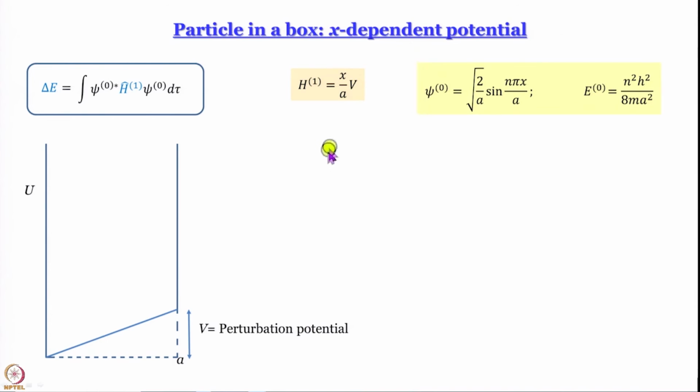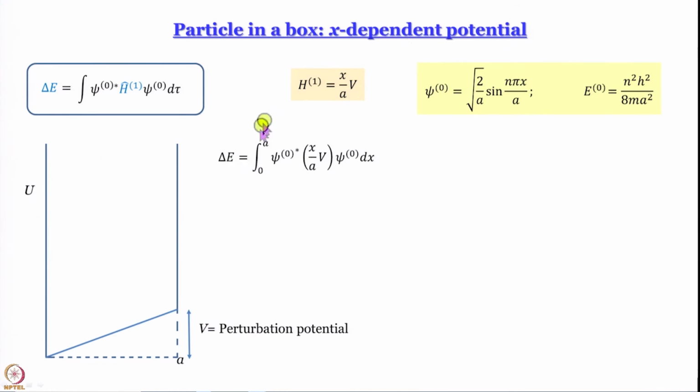H first order for any value of x is going to be x divided by a multiplied by V, where V is the value at a. It is quite simple, not difficult at all. So, we take this expression for the first order correction to the Hamiltonian and plug it into the expression for delta E, and of course we have to use the expression for psi 0th as well.